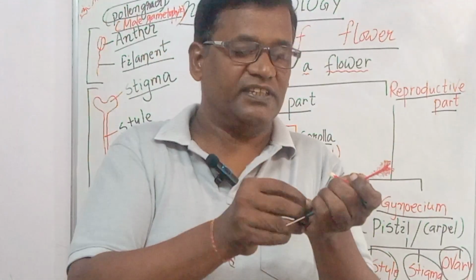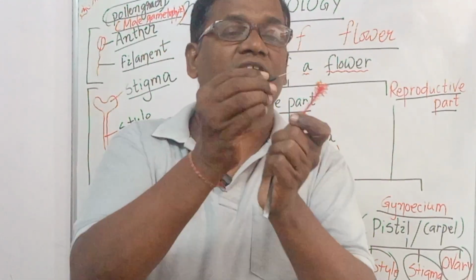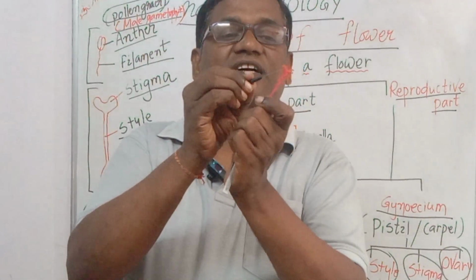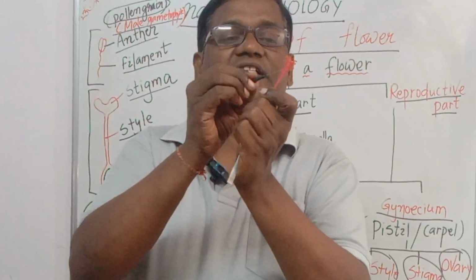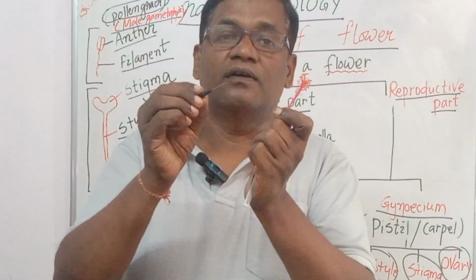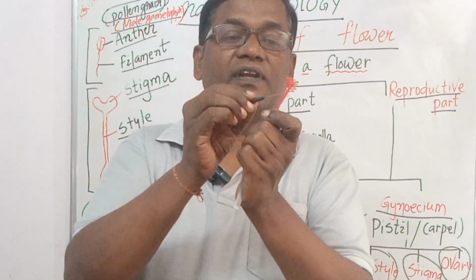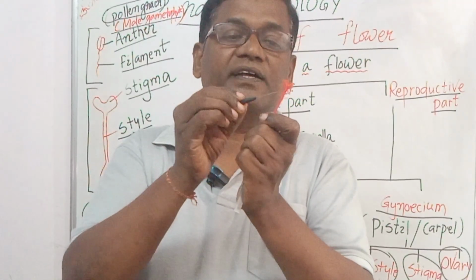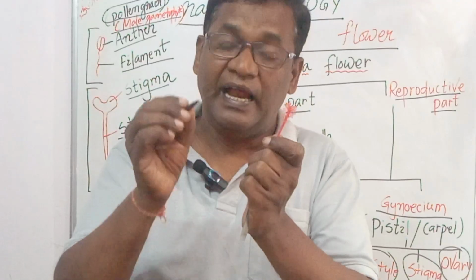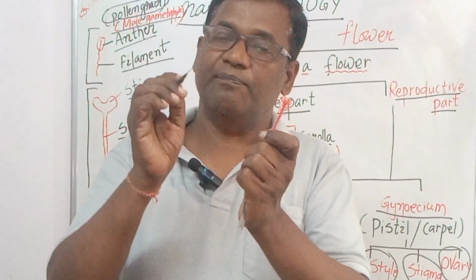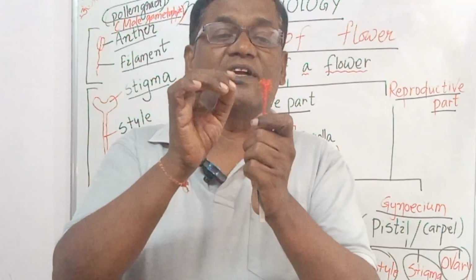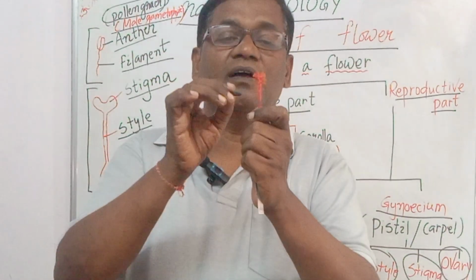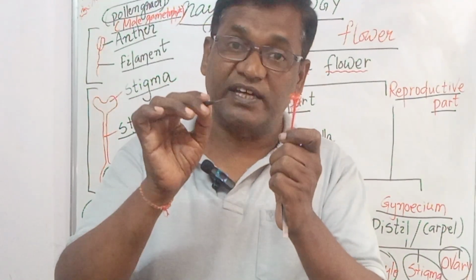This part is called the anther, and the filament which is attached to the anther is called the filament. Anther and filament combined are called the stamen, and it belongs to the androecium, that is the male sex organ of the flower. That means all this yellow color you are seeing is the male sex organ of the flower.